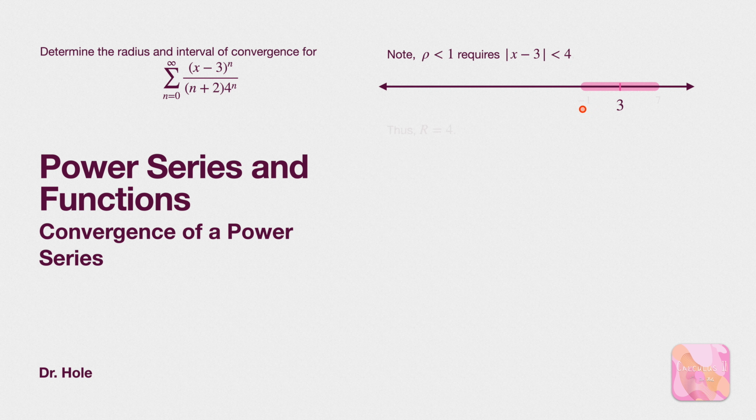In other words, if we drop down 4, we'd be at -1. If we bump up 4, we'd be at 7. So we have first found the radius is 4. And then to determine the exact interval of convergence, we now need to test each of these endpoints.